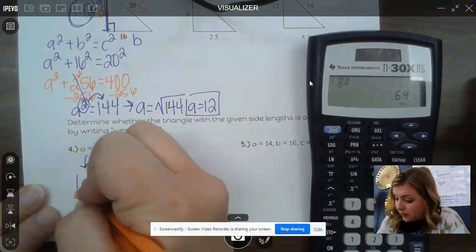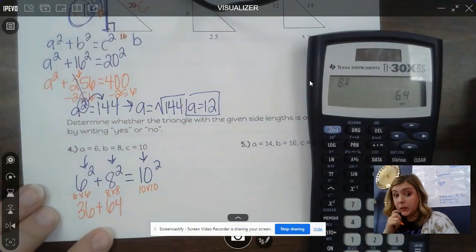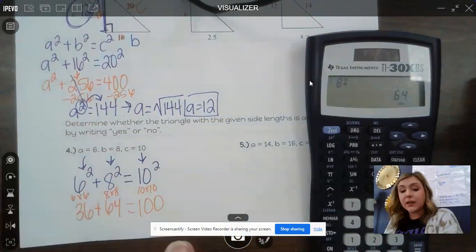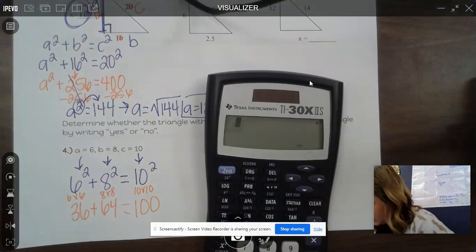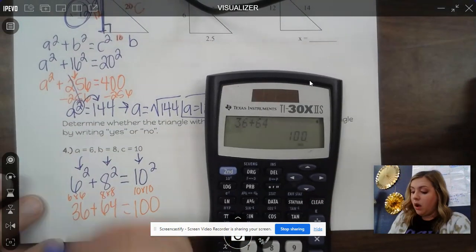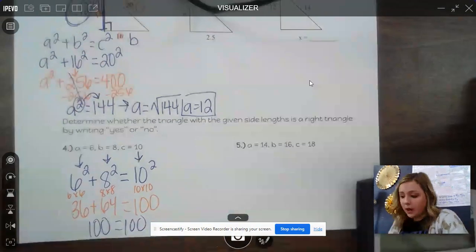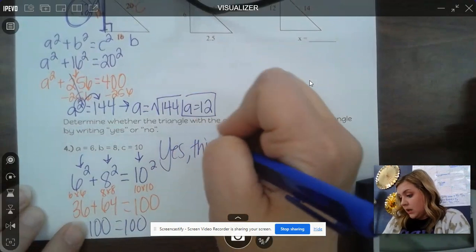And remember that sometimes writing it out by multiplication steps underneath is a great idea. And of course, 10 times 10 is 100. So if this is a true statement, the answer is yes, this is a right triangle. And I'm going to check that 36 plus 64 does equal 100. So 100 does equal 100. I don't need to draw this triangle out. Yes, this is a right triangle.